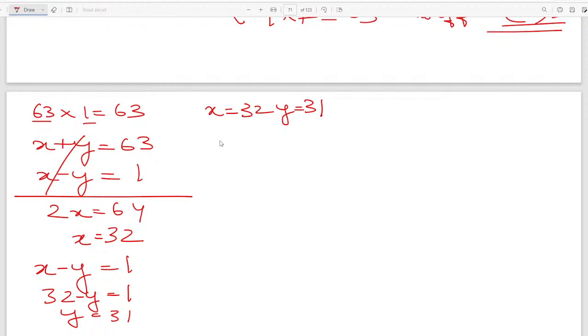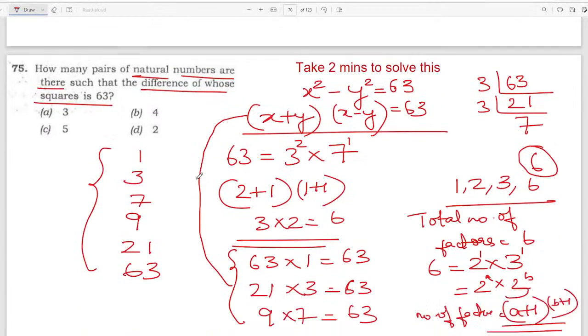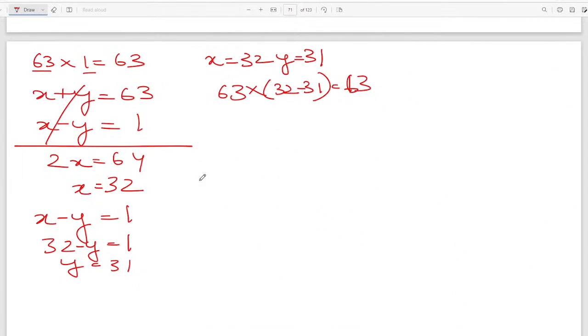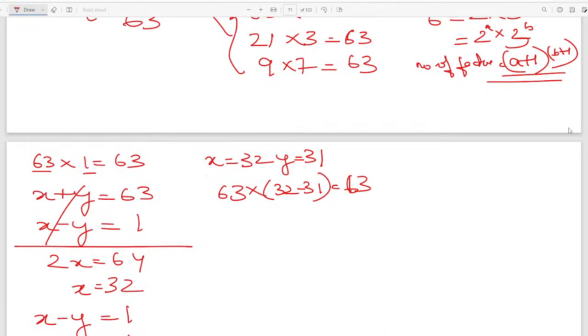So x plus y is 63, x minus y is 32 minus 31 is 1. So those two natural numbers would be 63 and 1, and that is one pair. Then we have to find the second pair, which is 21 and 3.